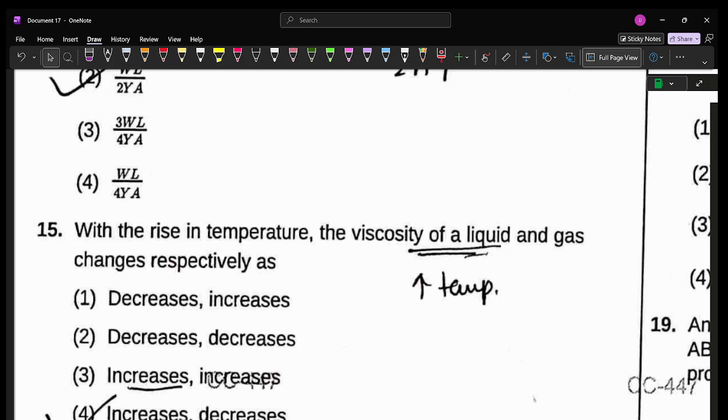When you increase the temperature, I thought there's going to be a lot of interaction and hence viscosity increases. Okay, I think I just have to think it through in my own way.